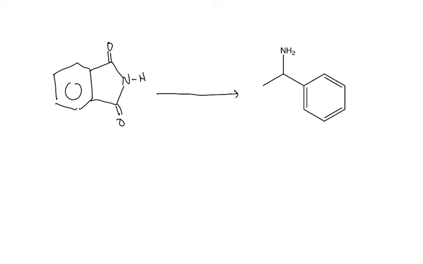And then I'm going to use potassium hydroxide to make the anion. Then I want to react that with the alkyl halide, where the halogen is where I want the amine group to end up.